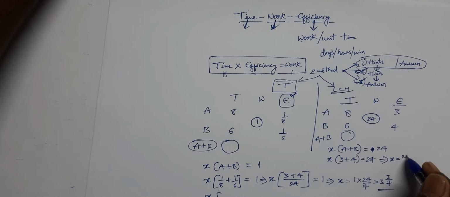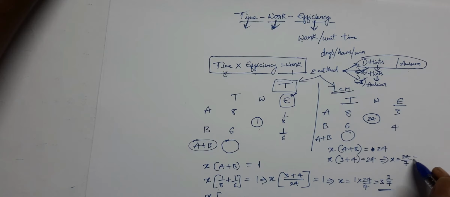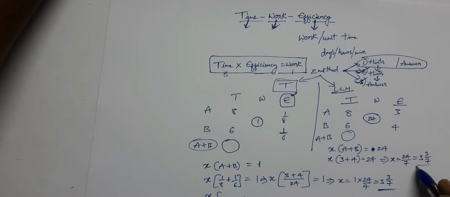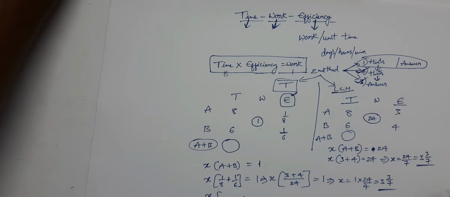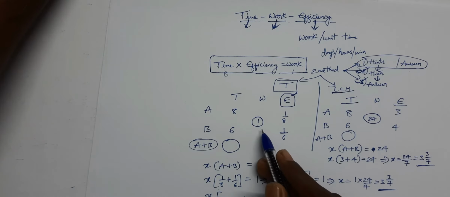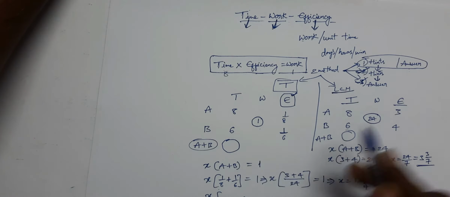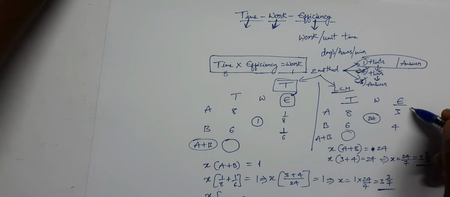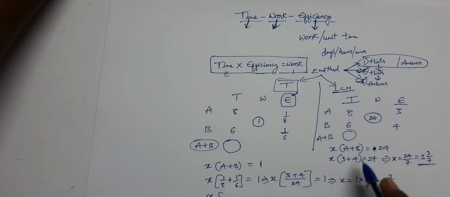Here also I have got the answer as 24 by 7, which is equal to 3 and 3 by 7. In both the methods we will get the same answer, but the approach is different. The only difference is taking the work. This method is called the shortcut method because we don't need to add fractions.